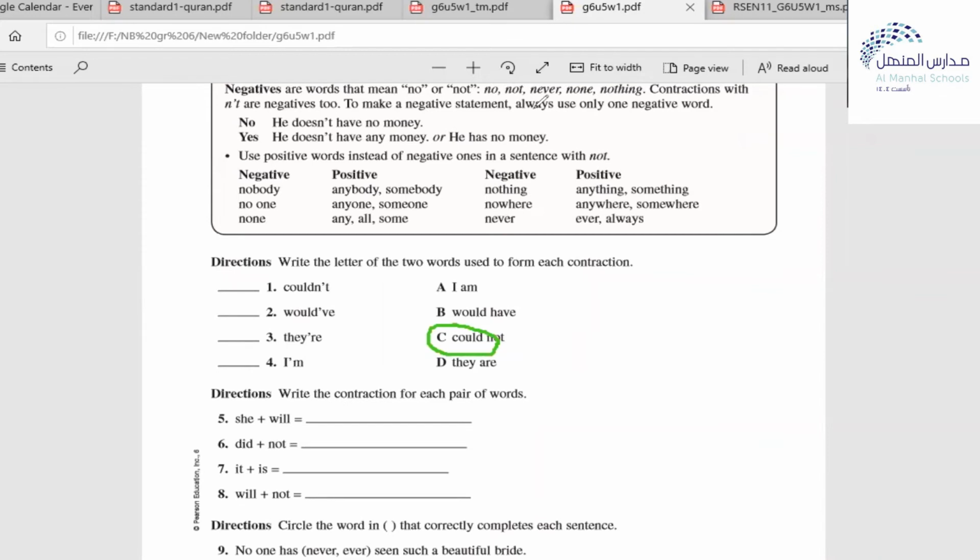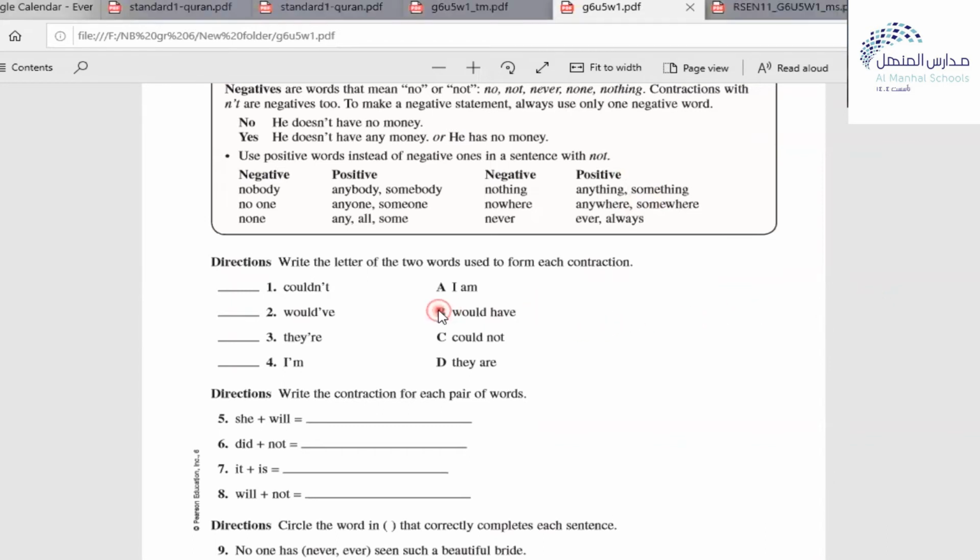We come to the next word, would've. It is a contracted word. The two words that are put together to become the contraction are would have.